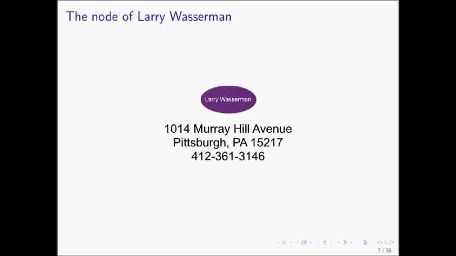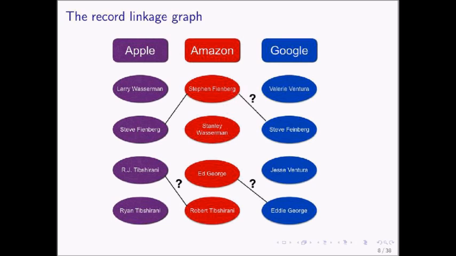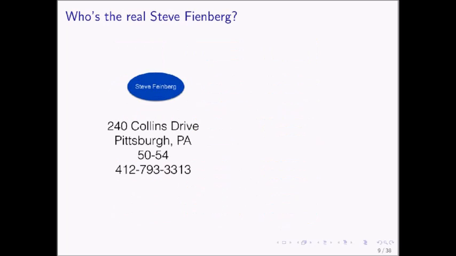So how do I discern that one Larry Wasserman is different from a different Larry Wasserman? How do I do this? The other question is, how do I do this in an automated, quick way, not in a manual way? And then how do I think about evaluation metrics to understand that I'm getting the right Larry Wasserman, the real one, or that I'm getting the real Steve Feinberg?